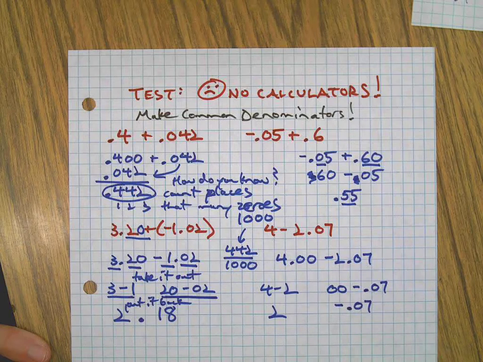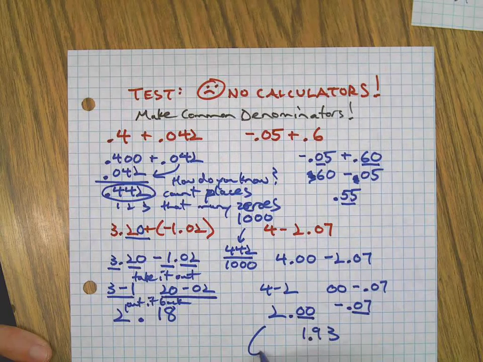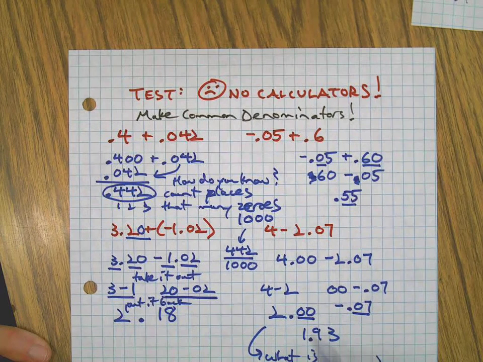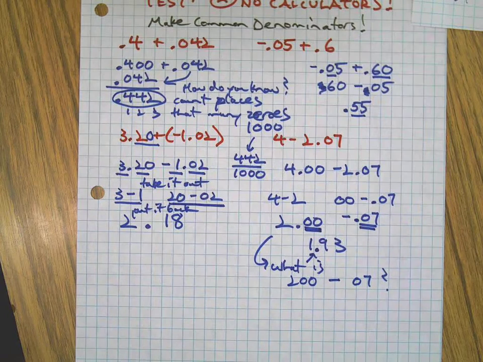Huh. Well, that's negative 7/100, right? So I just add my 2 decimal places over here. What's 200 take away 7? 193. How many decimal places? 2. Okay. What is 200 minus 7? Okay. So I ask a question, I give the answer, and then I maintain the same number of decimal places.